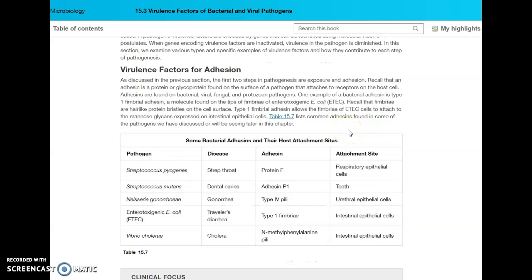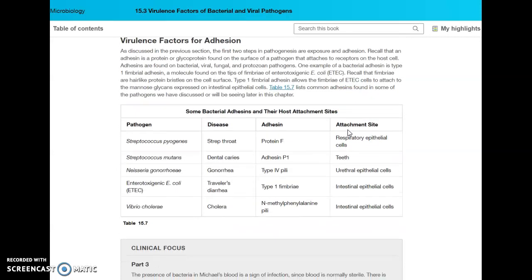So the first thing we look at are the virulence factors for adhesion. Adhesion allows the organism to stick to a particular surface or a particular cell in the body.